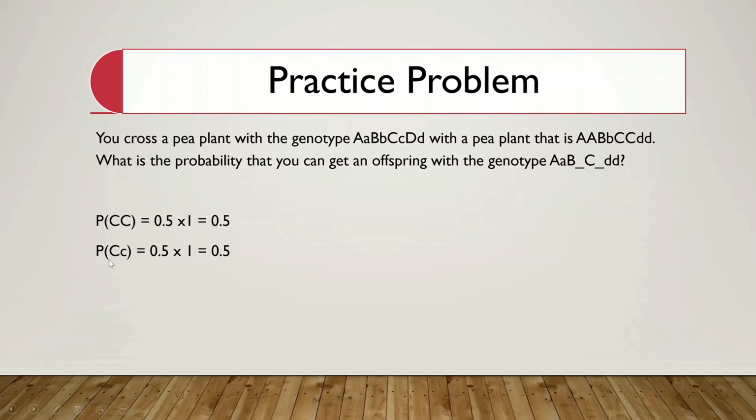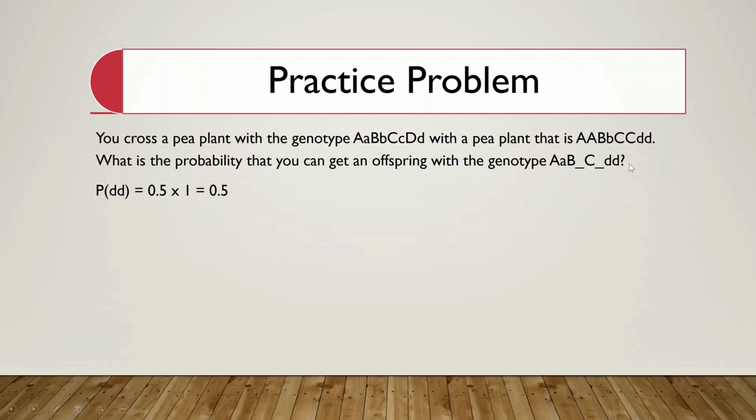And then for the probability of big C, little c, only parent 1 has 1 little c out of the 2 possible C alleles, and parent 2 has a 100% chance of donating a big C. And we're multiplying those to get 0.5. And then we're going to be adding up these probabilities to get a total of 1.